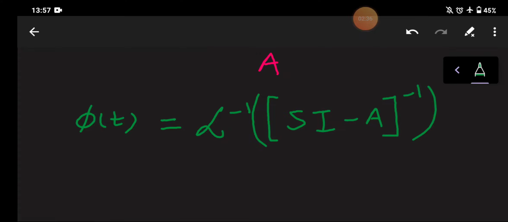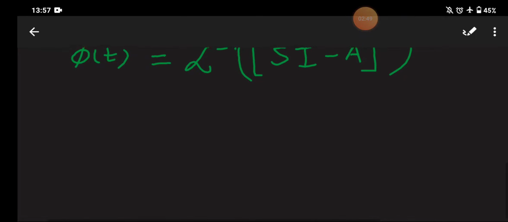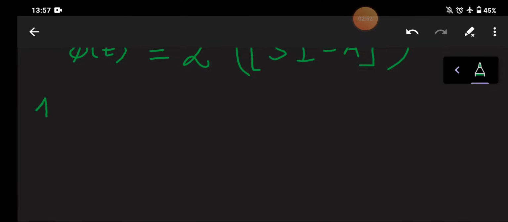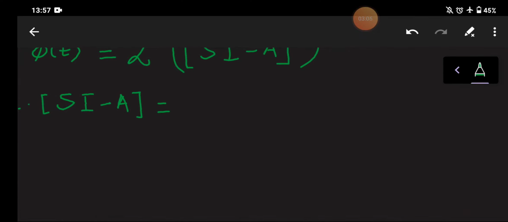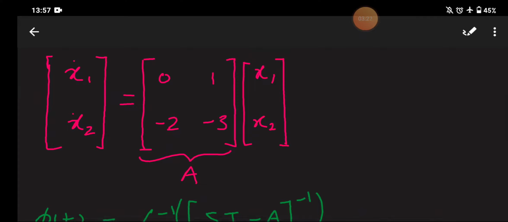In step number 1, first we will solve for sI minus A. S is our frequency term multiplied by I. In the previous video lecture, I told that as per the system matrix A, the dimension of I will be decided.